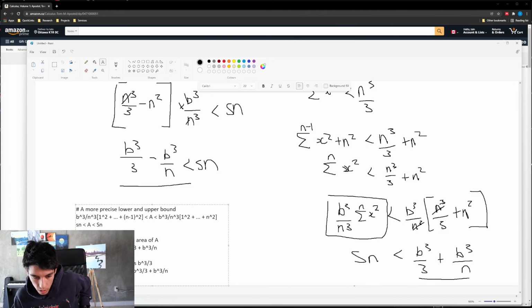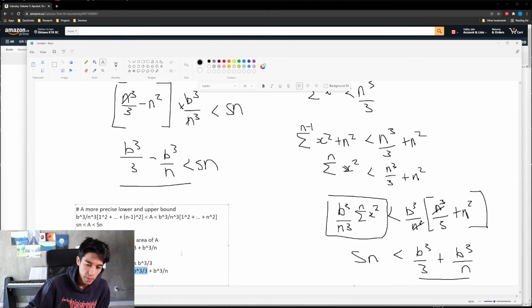So this still looks like it holds true, right? Because negative this term is smaller than the b cubed term, and adding that term makes it bigger than this term. And the final thing left to do is to show, can a be b cubed over 3?